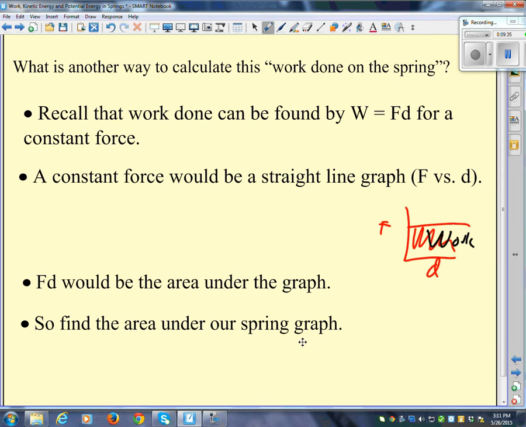But is it the same? Area is going to be the work here. Even though the force is increasing, the area under a force-distance graph is work.